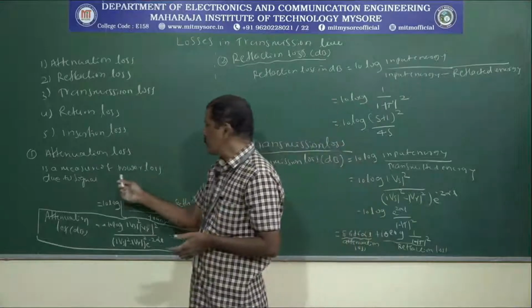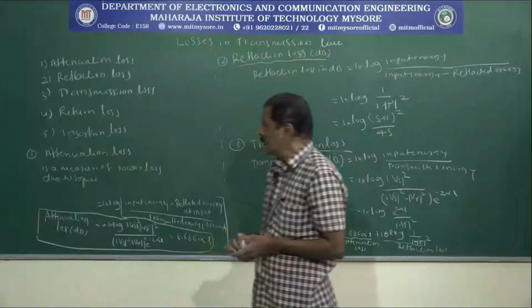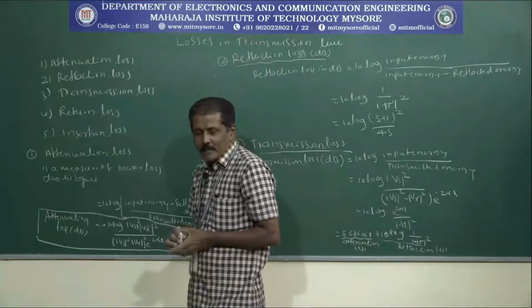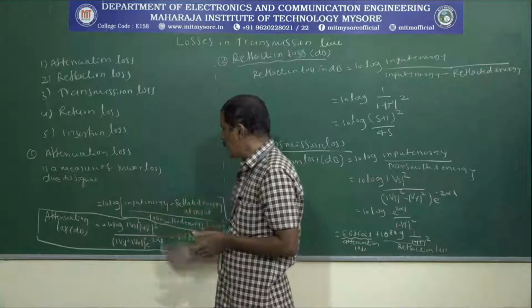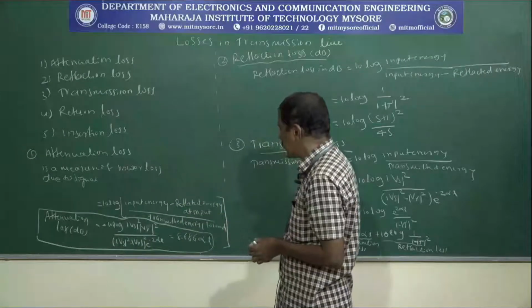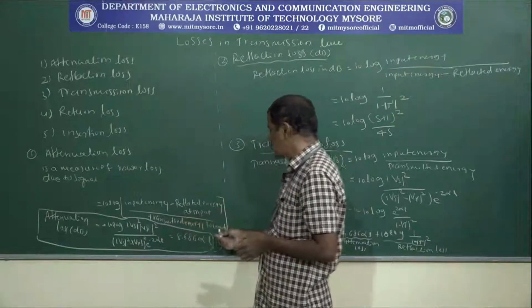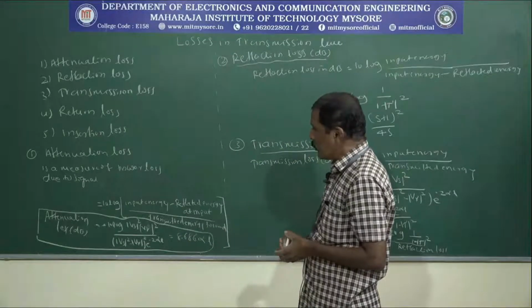Attenuation loss is a measure of power loss due to signal attenuation when it is passing through a channel. This is given by 10 log of input energy minus reflected energy at the input, divided by the transmitted energy to the load.